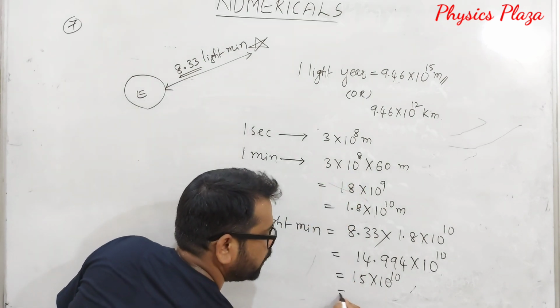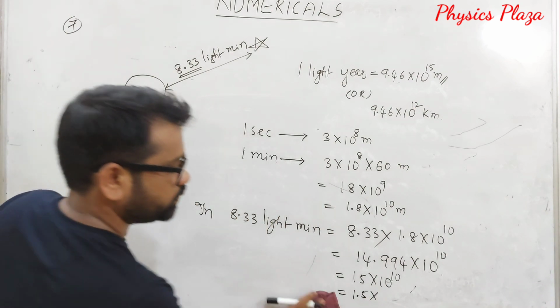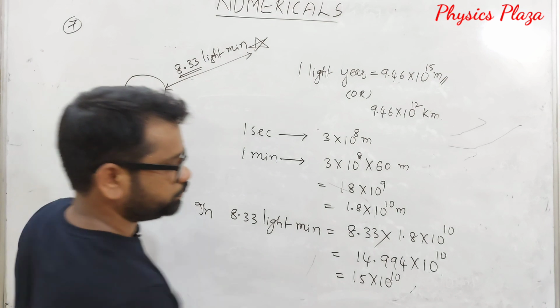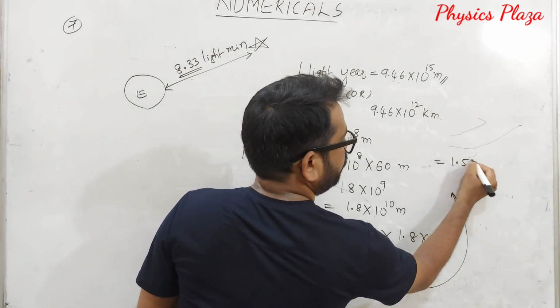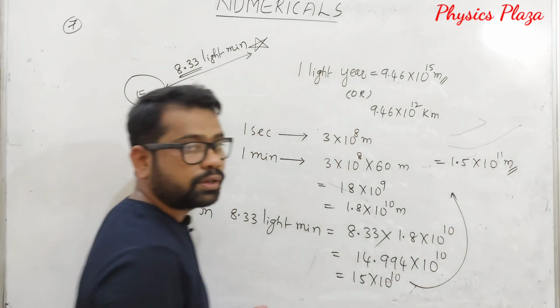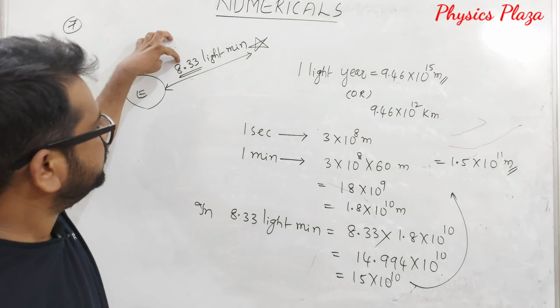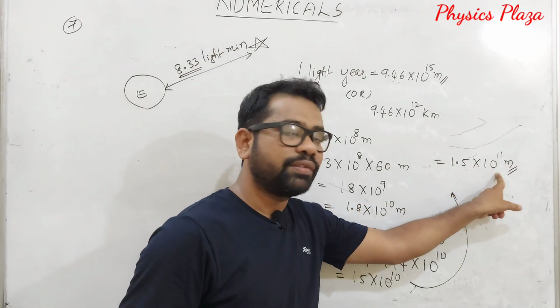So it is 1.5 into 10 to the power of 11 meters. So the distance 8.33 light minutes is equal to 1.5 into 10 to the power of 11 meters.